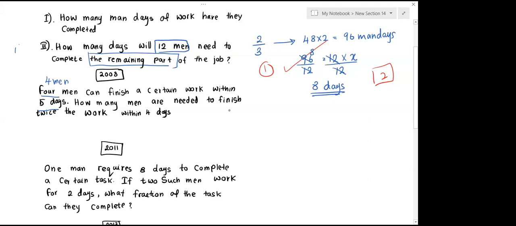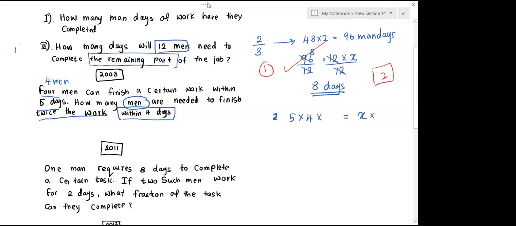Then 4 times 5 is equal to the magnitude of the work. It is 20, no? This is the magnitude of the work. Then how many men are required? That means X number of men are required to finish twice the work. That means 5 times 4 should be multiplied by 2.